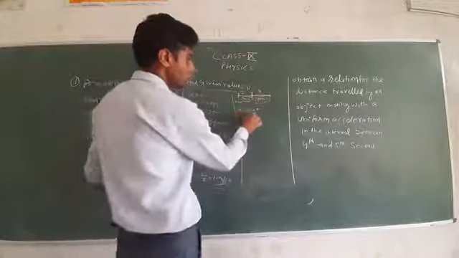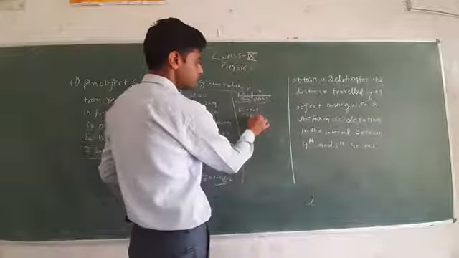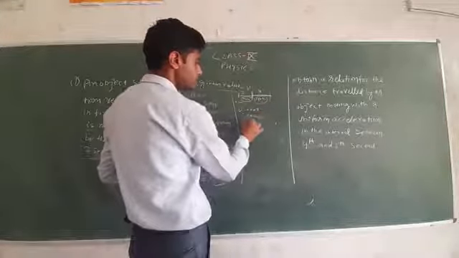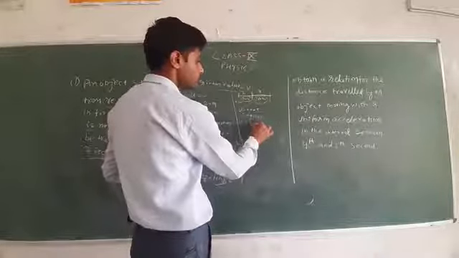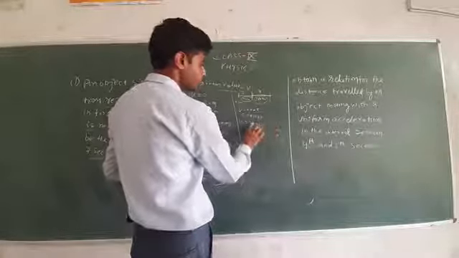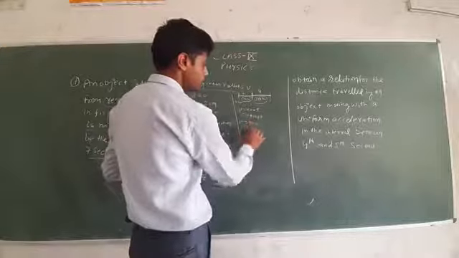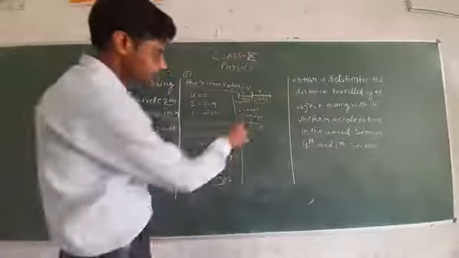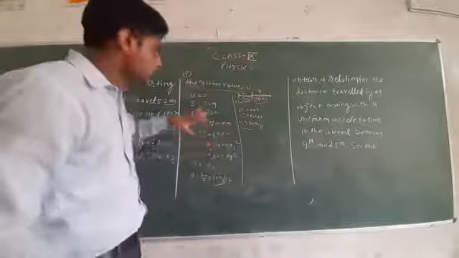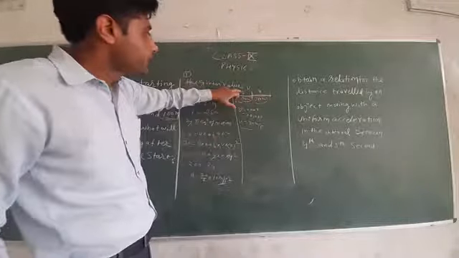So v is 0 plus 10 into 2, so v is 20 meter per second. This is the final velocity gained by the object after 2 seconds.